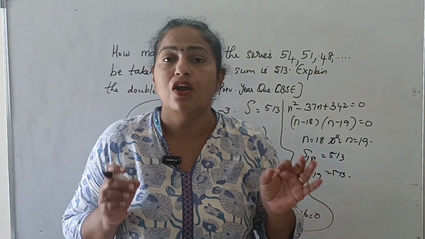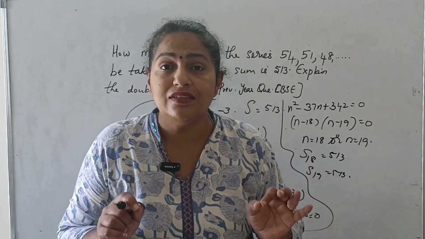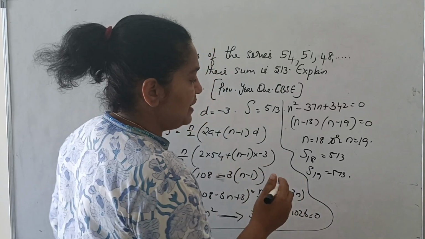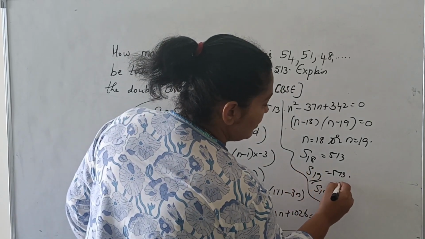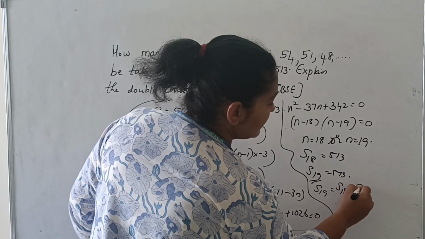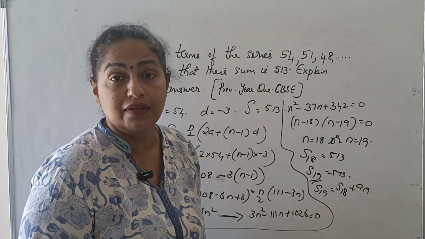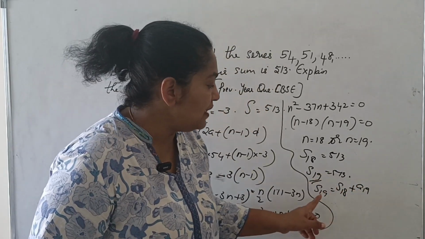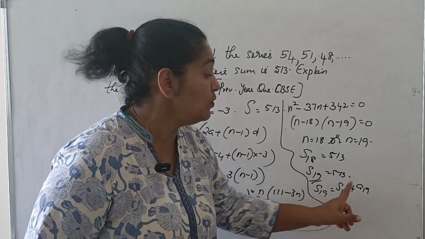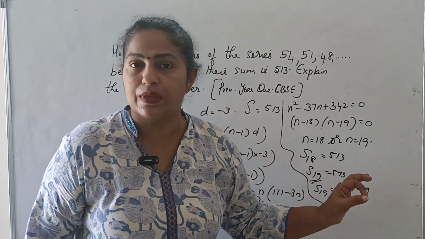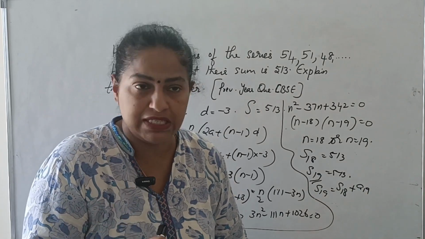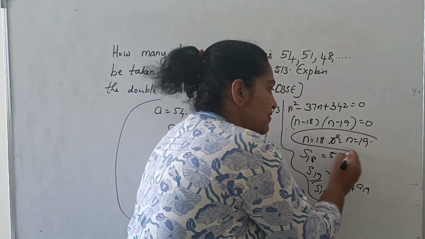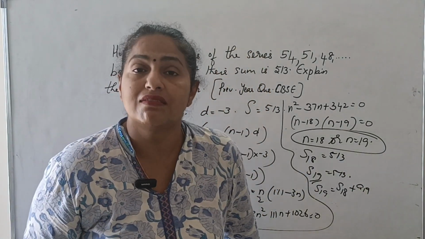This can happen only if the 19th term is 0. How do you get S19? You get S19 if you add S18 and the 19th term. Correct? Now, if both have to be the same value, the 19th term has to be 0. We need to check if the 19th term is 0 so that this discrepancy is explained.